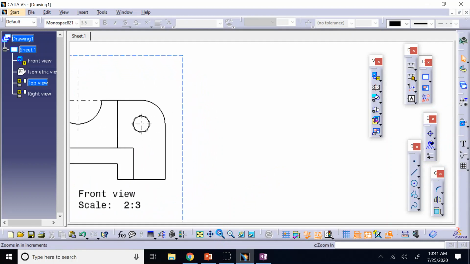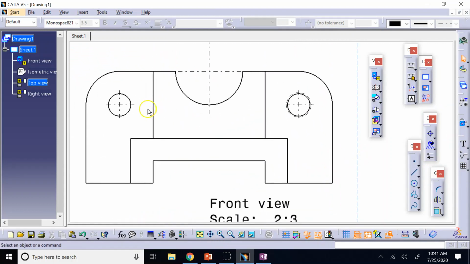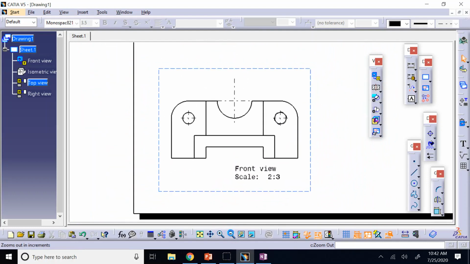Yes, if you zoom a little bit further, you can see the difference. Yes, this is a single circle, this is a double circle. And this guy here, this bigger circle, shows the major diameter of the thread, which is bigger than the hole. Okay, so in a standard view, that's what you can see, right? That's one way to see the difference.